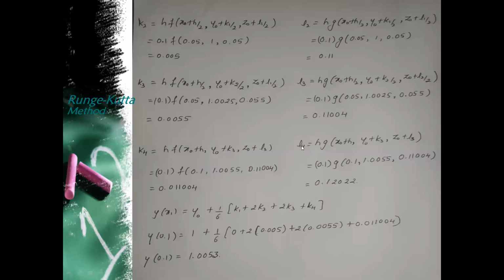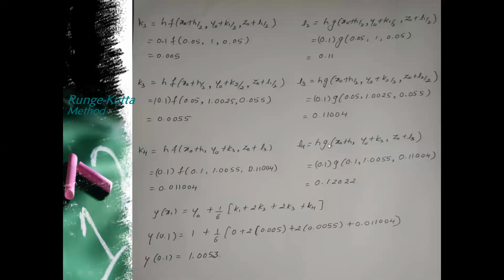Then we'll find the value of the function here. Function f is 0.11004, then multiplying it by 0.1 we get 0.011004.